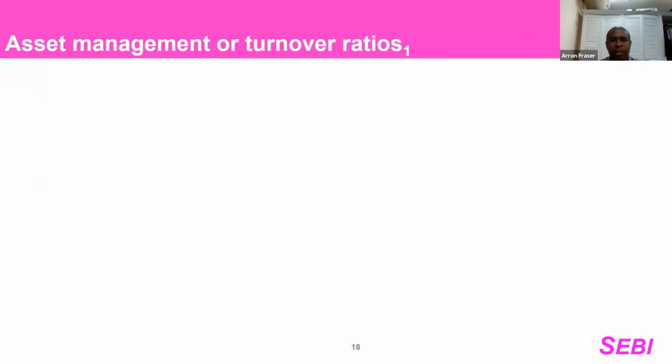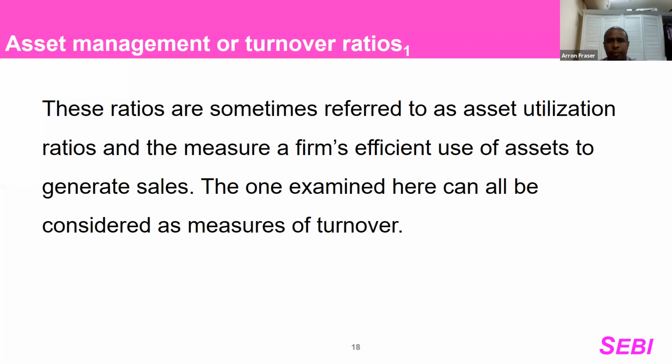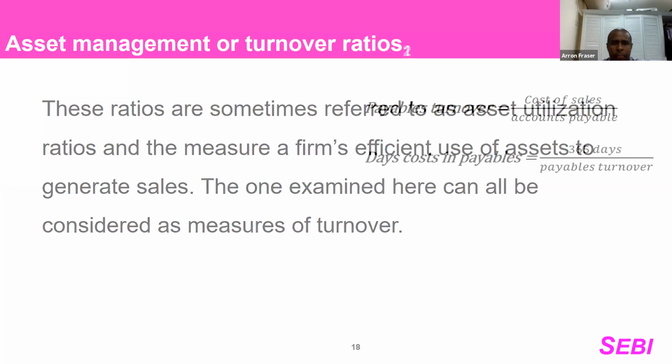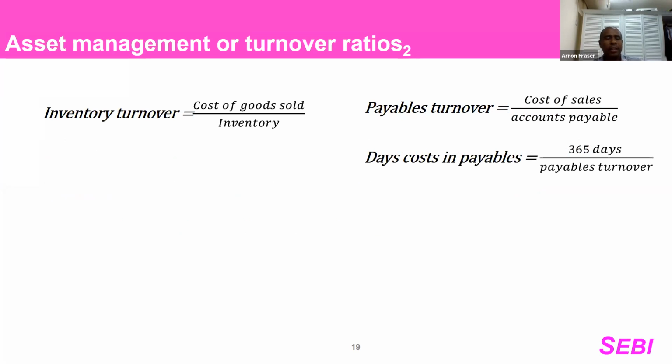There are also the asset management or turnover ratios. These are sometimes referred to as the asset utilization ratios, and they measure a firm's efficient use of assets to generate sales. So it essentially says, for every dollar of assets that I have, what is the amount of sales that I've generated? So first, there's the inventory turnover, which is calculated as the cost of goods sold upon inventory.